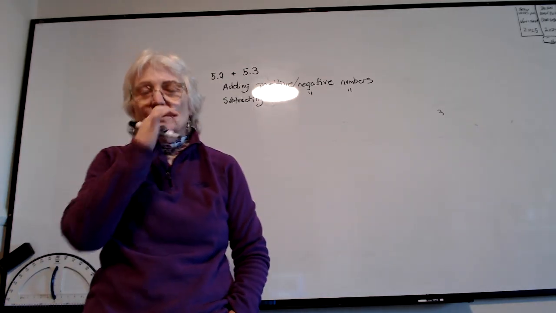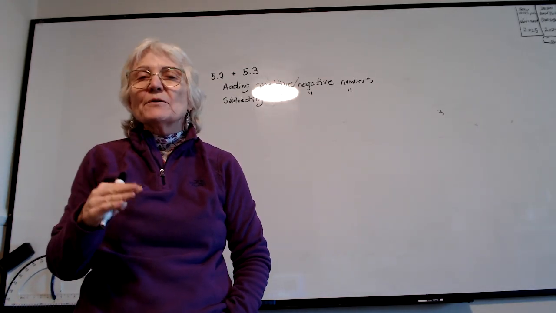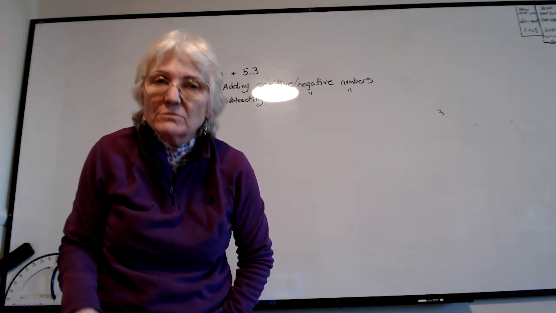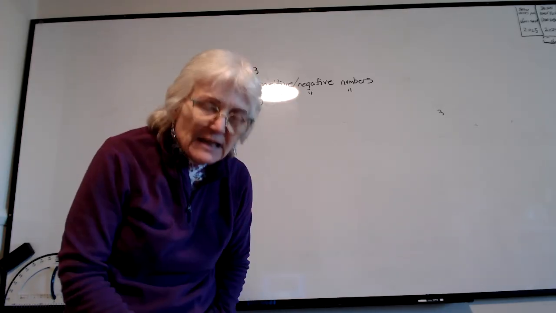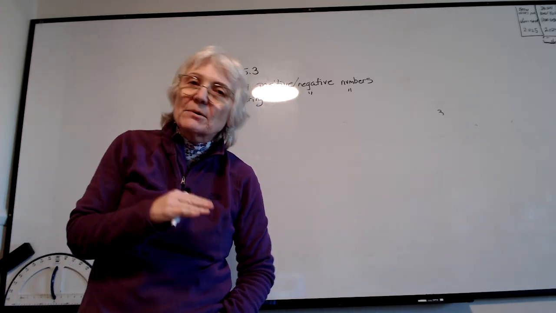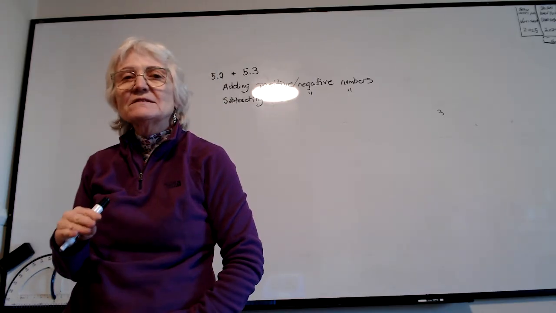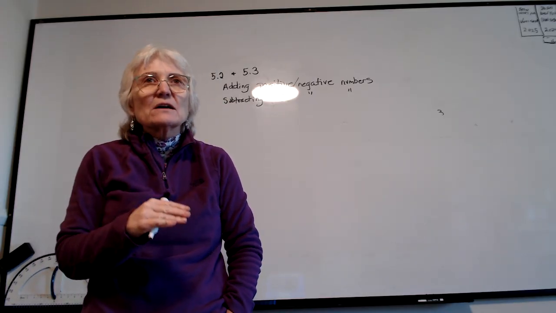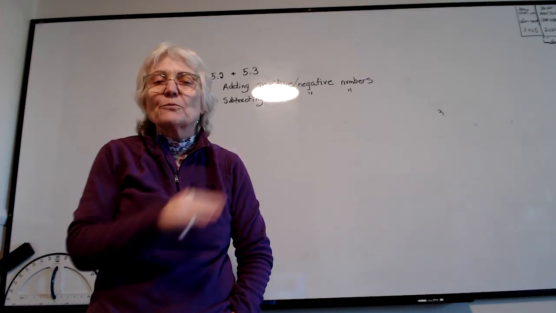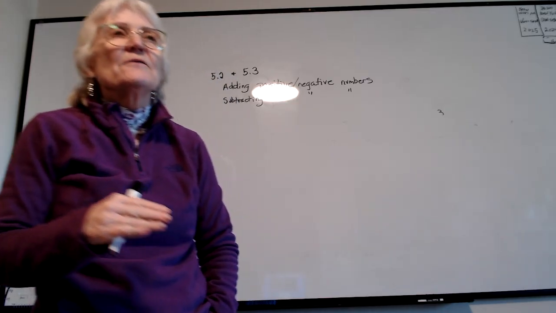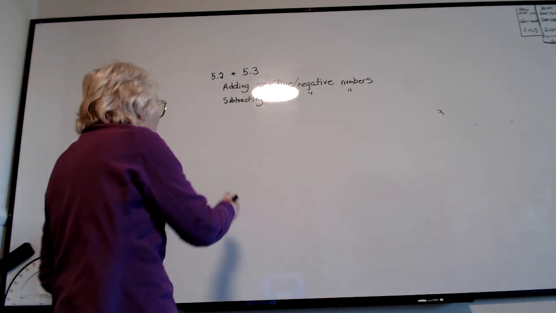So that's what we're looking at. I'm going to promote, especially at the beginning, using a number line to help you with this. And I'm going to talk about how you read things and what that means.